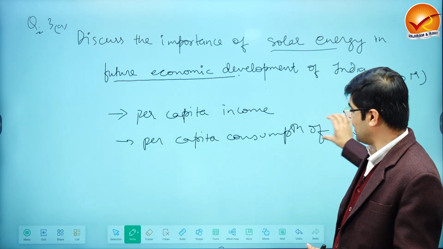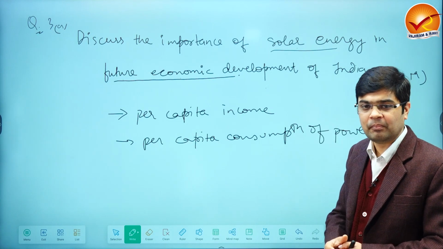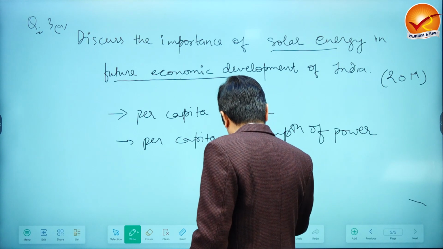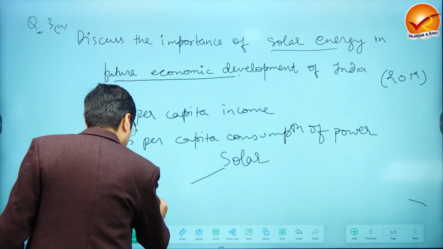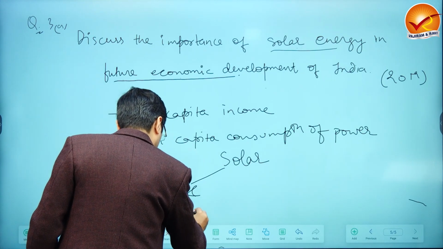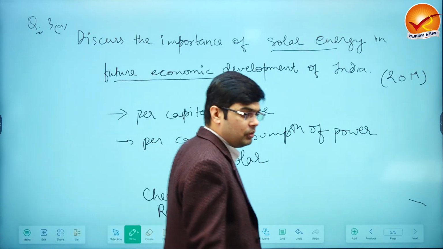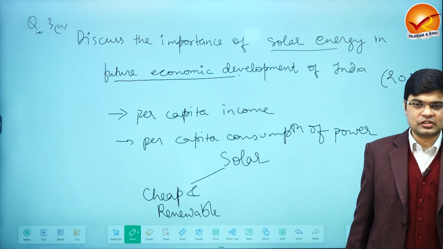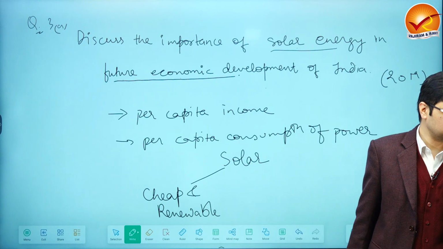Per capita consumption of power is an indicator of economic development. So when you talk about solar energy, one, it is cheap and renewable. It is a renewable source of energy.